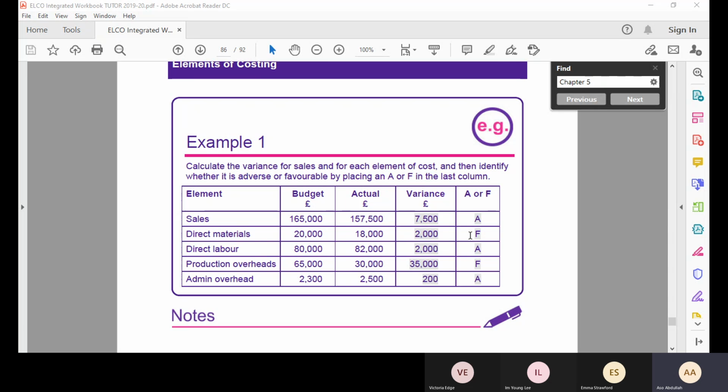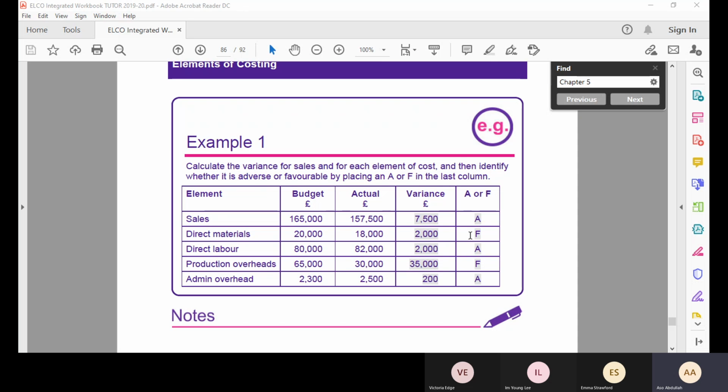Is actual greater than budget? No. If it is no, it means it is adverse. It is not in our favor. This is sales, because we were planning to sell 165,000, but the actual figure is 157,000. So it is adverse. It is not in the favor of the company.